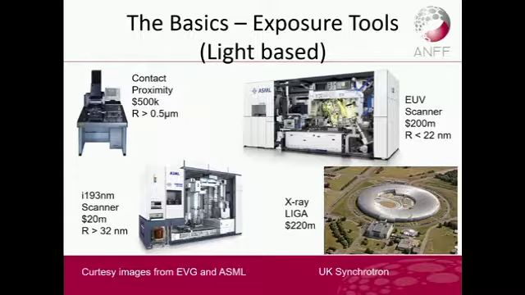And the funny thing is that this single system is about the same cost as a synchrotron. In an Intel fab or Samsung, they will probably have 10 of these. So that means the systems installed in the semiconductor industry are incredibly expensive.